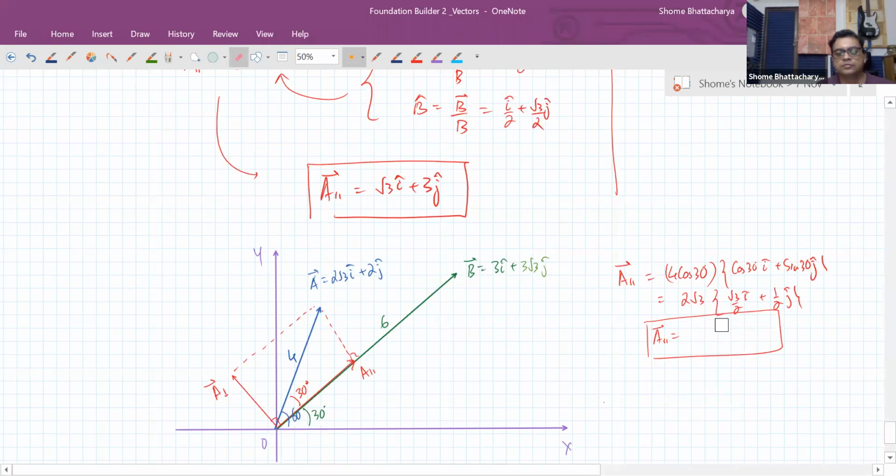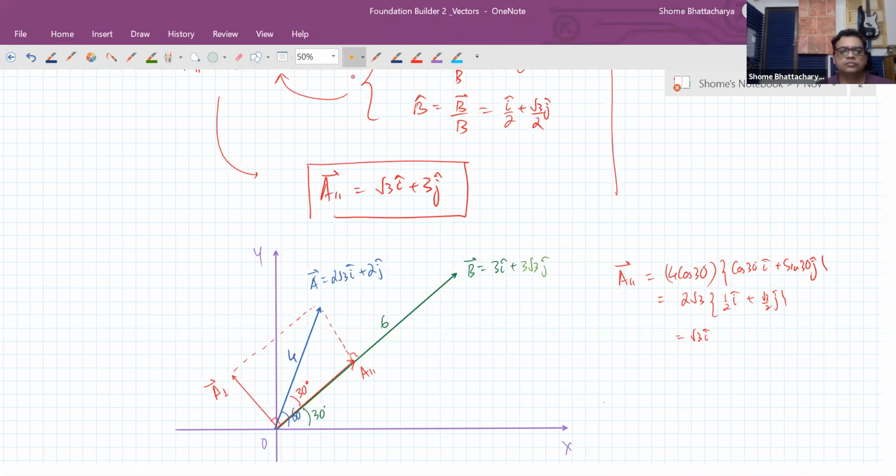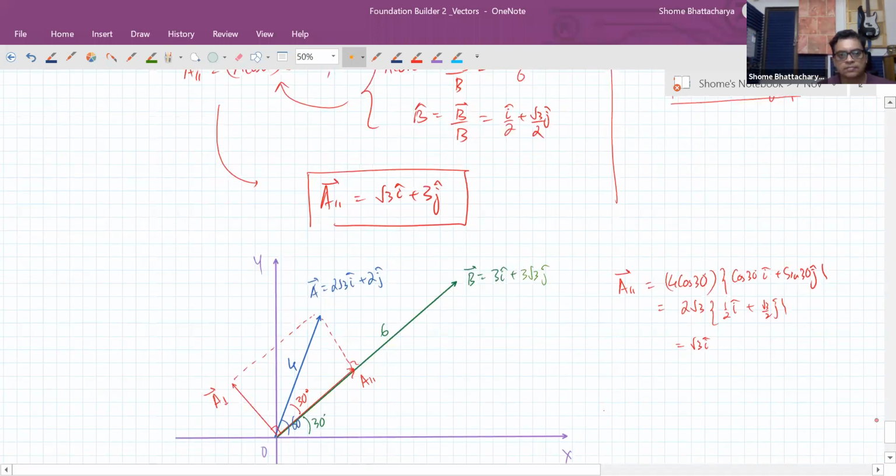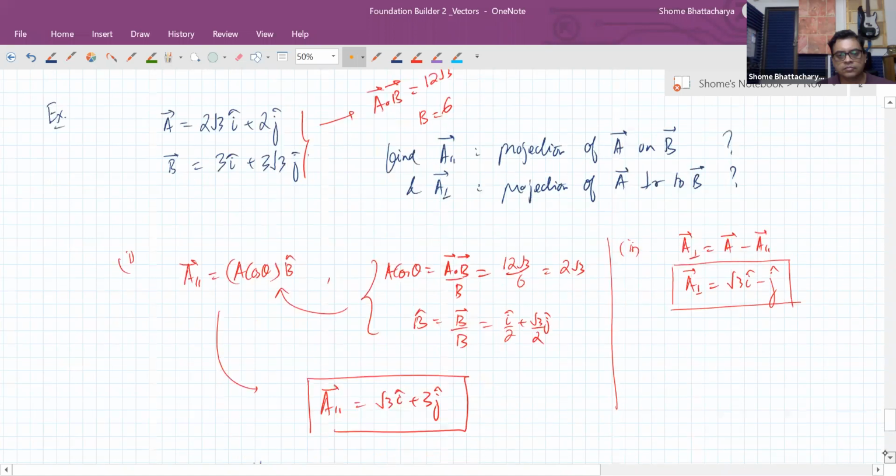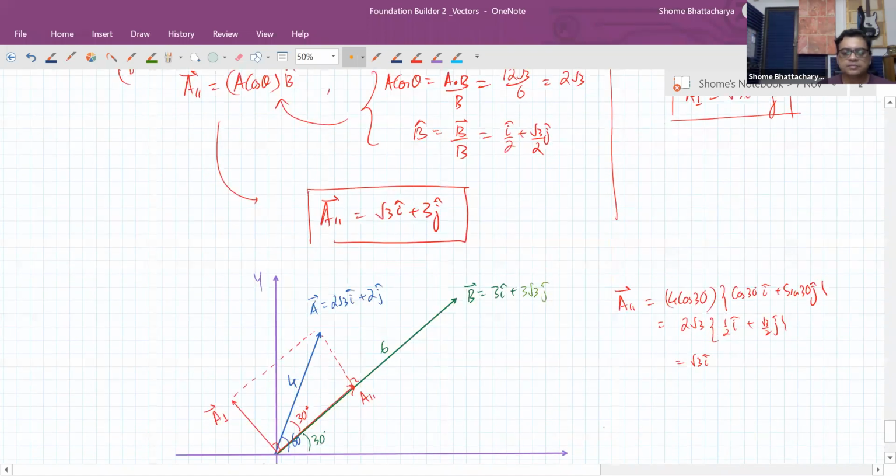So this will become, wait, I made a mistake with the diagram.